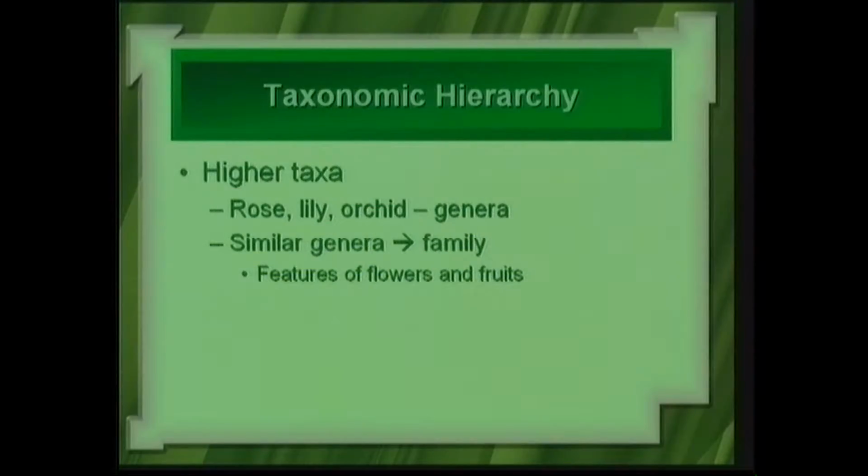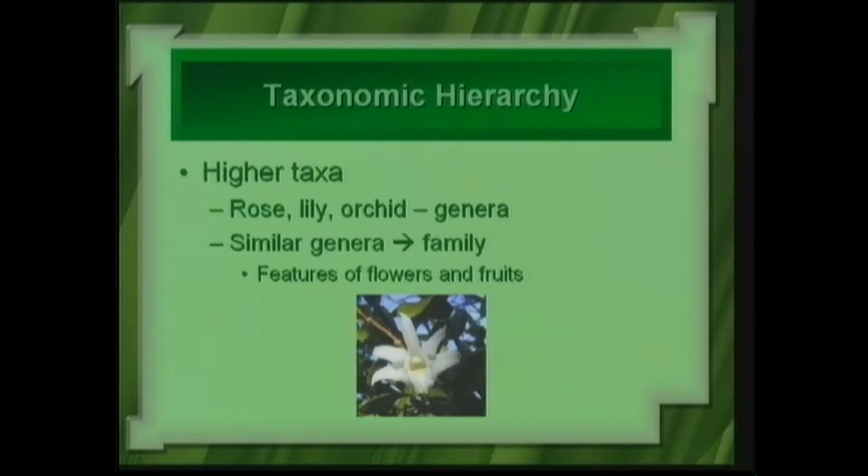It has to do with how these flowers and plants are related to each other. Animal taxonomy is the same way. So using these similar genera to make a family, what we use are the conservative characteristics of flowers and fruits. So here we come back to the orchids, and we always come back to the orchids.